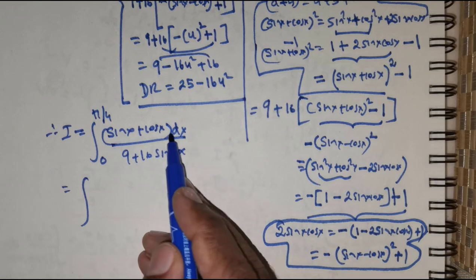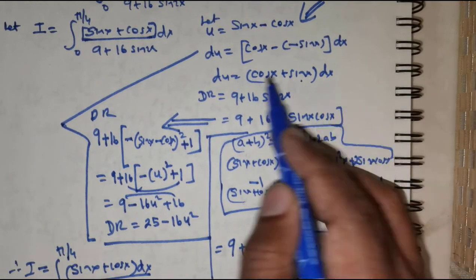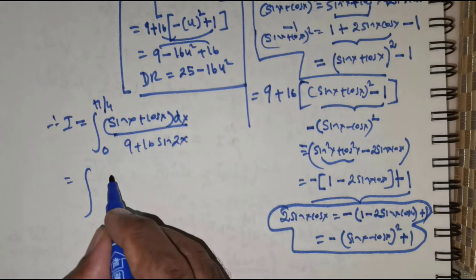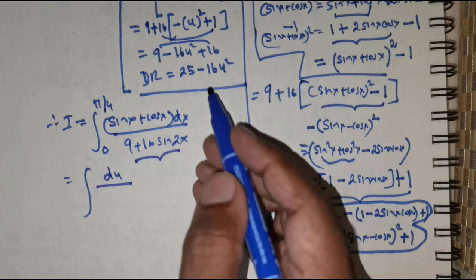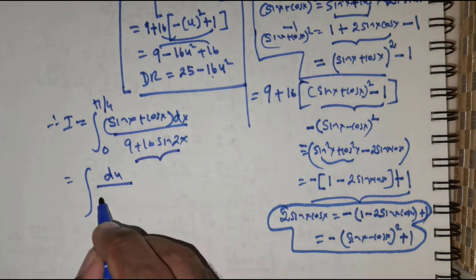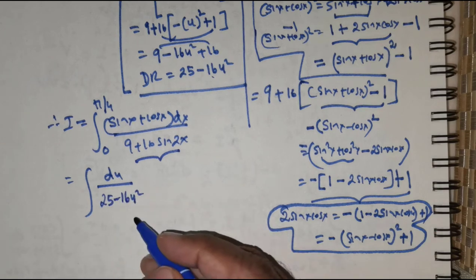So sin x positive cos x times dx is going to be du, so we can have the du there, divided by this denominator, which is going to be 25 negative 16 times u squared. So this is what we've got.